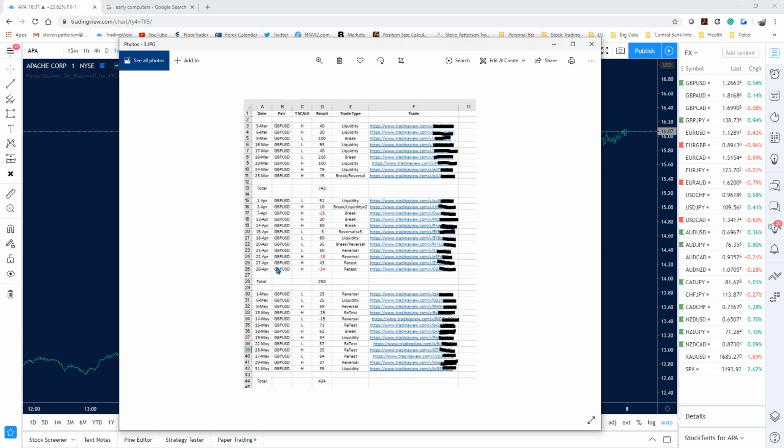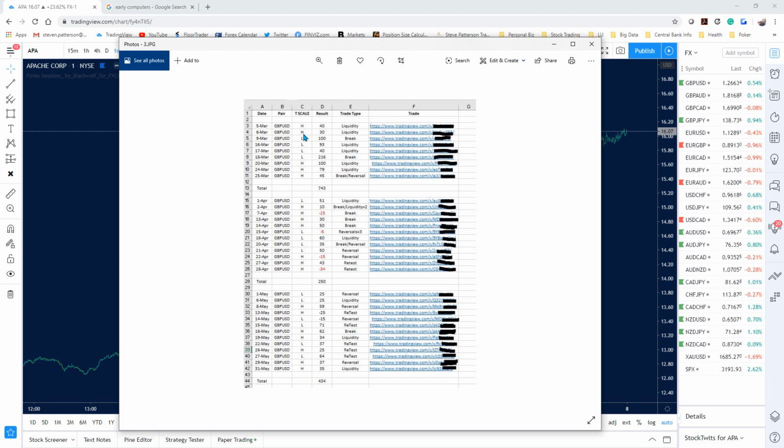And I walked through some Forex pairs, and I specifically used the GBP US dollar, but I also did it on a couple other ones. But I want to show you this because these were the most impressive results. So here you have the days that I took the trade.